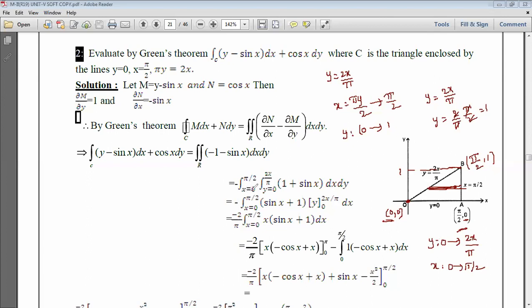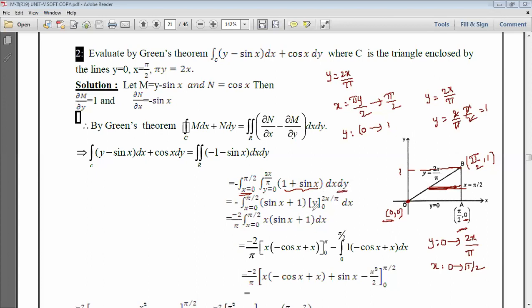It has 0 to pi by 2 and 0 to 2x by pi, and the minus is common, so I wrote that minus outside. And what about the remaining? 1 plus sine x, dx dy. Here, first we need to apply the integration with respect to y. If you observe, the integrand is completely in terms of x, so you can write it outside and simply integrate dy.